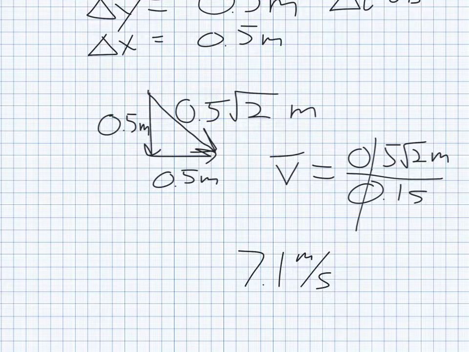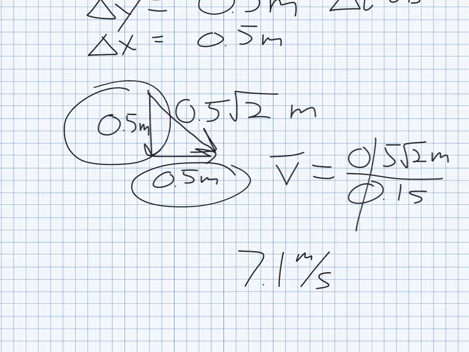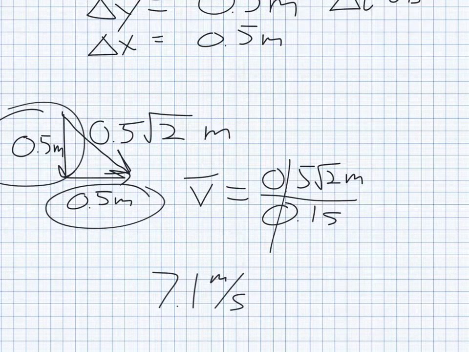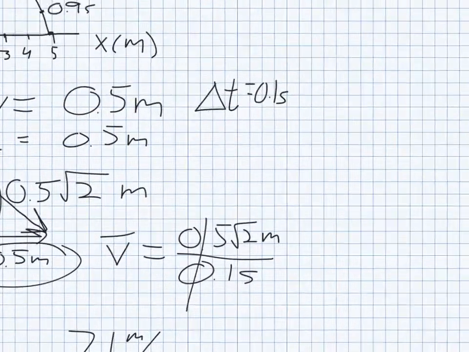So that's our estimation, and that happened because any projectile motion has some change in y and some change in x. Okay? That happens simultaneously. So let's go on to the next one here.